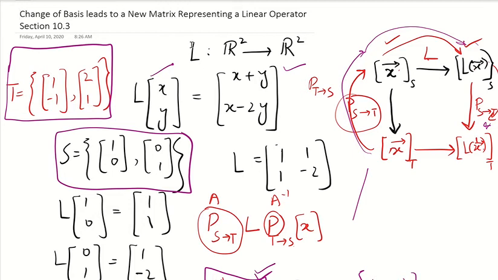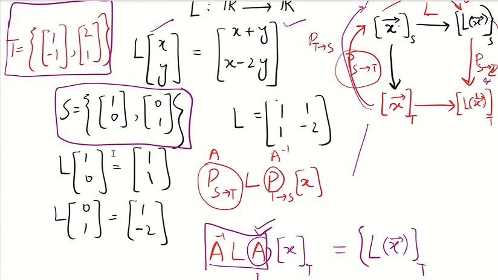It means that if we have a linear operator in the space, for example R2 to R2, and we need to find its representation in some other basis T, because this representation is given in the natural basis form, and we can write the matrix of this representation in terms of the natural basis by applying L on the natural basis vectors, and the vectors obtained are written in the matrix form as columns, and this matrix L represents the matrix of this transformation.